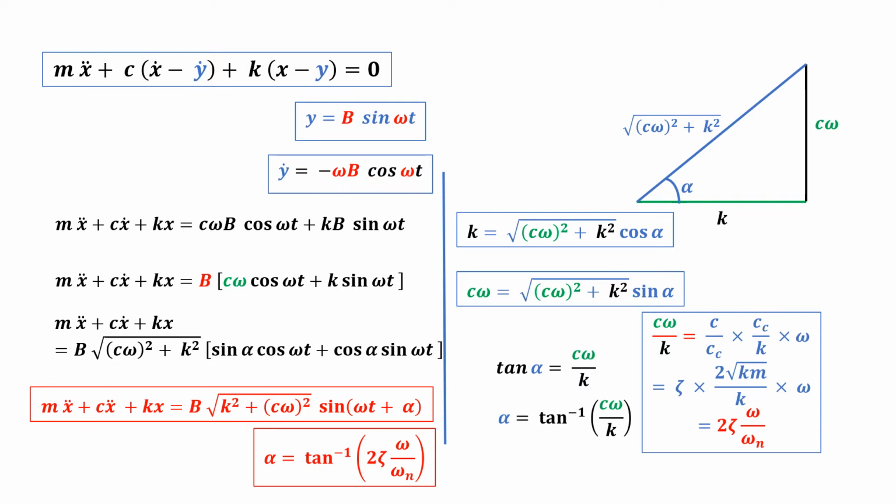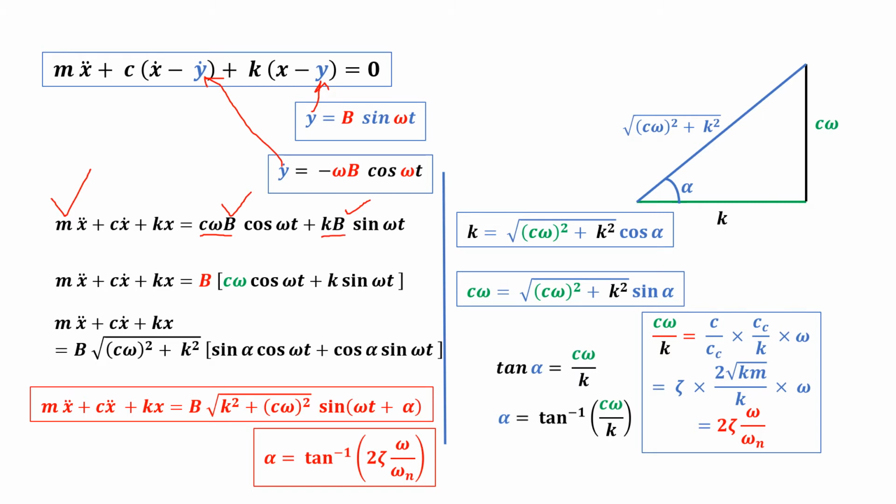Now we put the value of y and y dot in this differential equation, and when we solve this, the relation will be m x double dot plus c x dot plus k x is equal to, taking the y terms to the other side, c omega b cos omega t plus k b sin omega t.